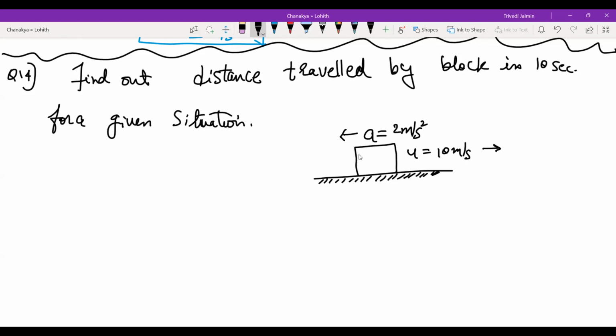What is it? We need to find the distance traveled. How will you find this? How will you initiate? So we'll use acceleration as retardation here, -2. Okay, give a try.